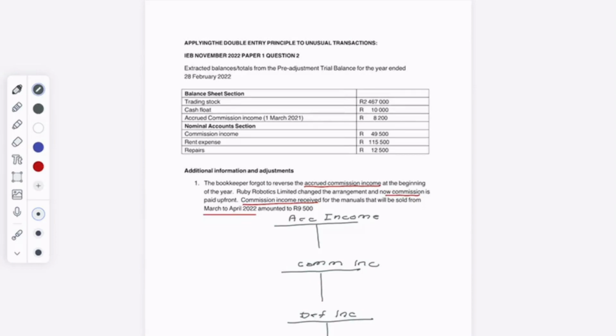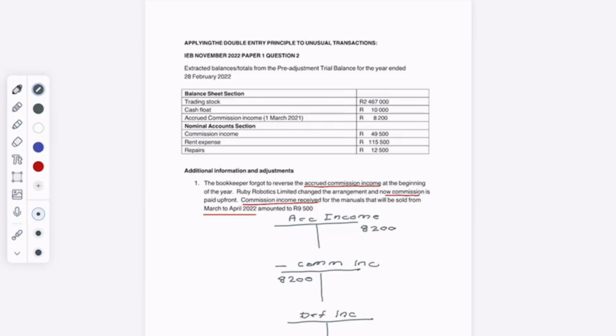The first thing is that this was not reversed. So accrued income is a debit because it's like a debtor. That needs to be reversed. So we're going to credit accrued income 8,200 and we're going to debit commission income 8,200. Now what's important to remember is that's going to be a minus.